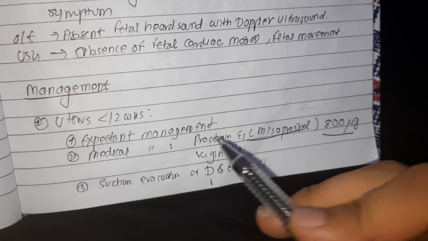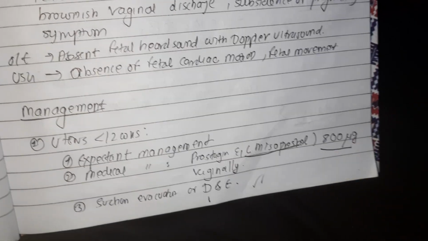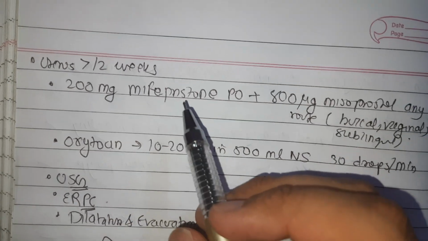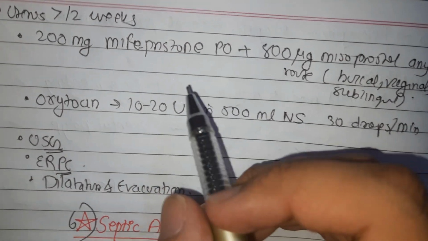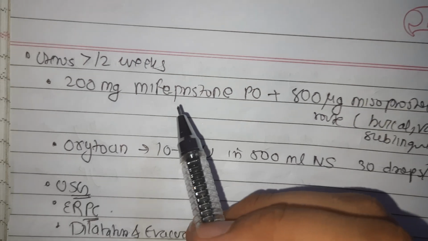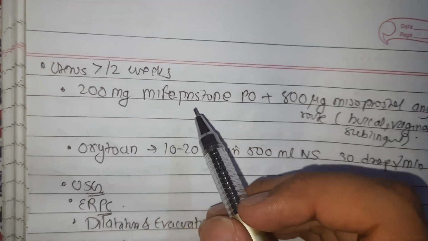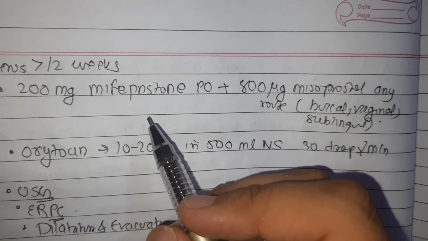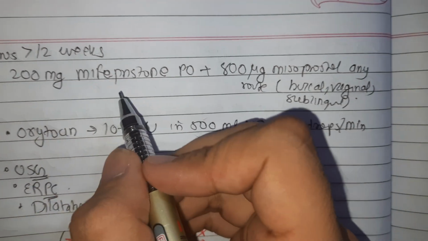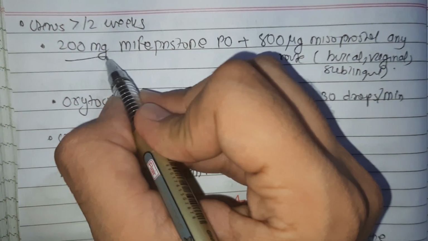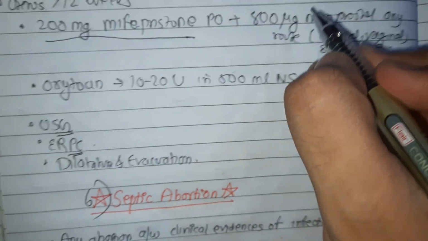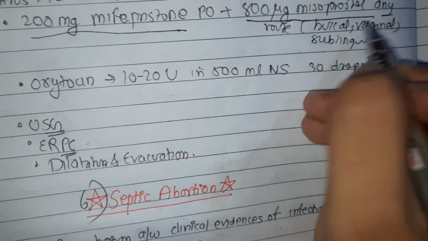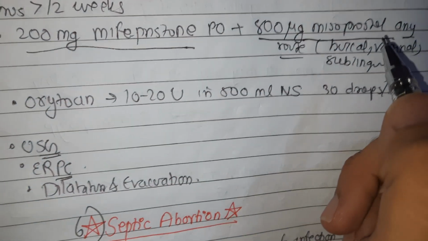A medical method includes misoprostol 800 microgram vaginally. In a woman with uterus more than 12 weeks, induction of abortion is done by the following methods. Prostaglandins are more effective than oxytocin in such cases, and the method used is the combined regimen of 200 milligram mifepristone orally, followed by 800 microgram misoprostol through any route, buccal, vaginal, or sublingual.